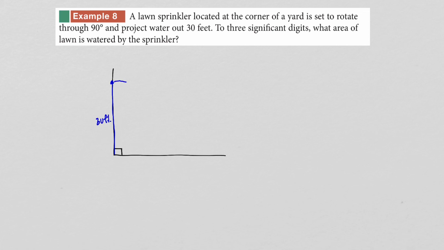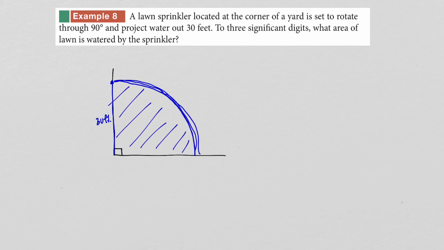And it's going to rotate, as sprinklers do, back and forth like this. And as it rotates, it sprays water 30 feet and it covers this whole area. So we want to know to 3 significant digits what area of lawn is watered by the sprinkler.